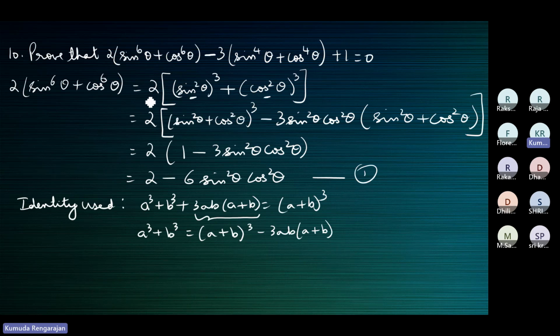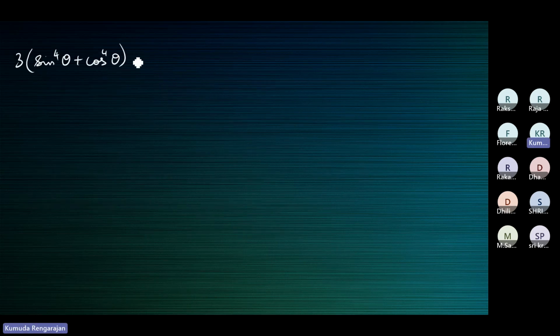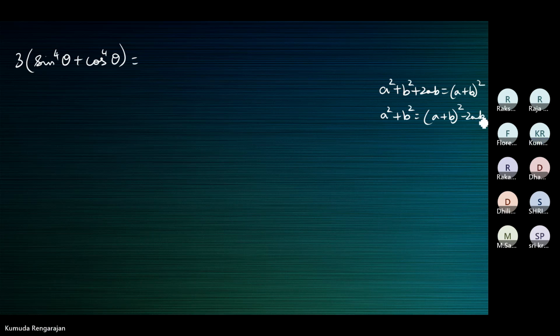That's the second part. Now this one is like a square plus b square. Now what is a square plus b square plus 2ab? It is a plus b the whole square. So a square plus b square is equal to a plus b the whole square minus 2ab.